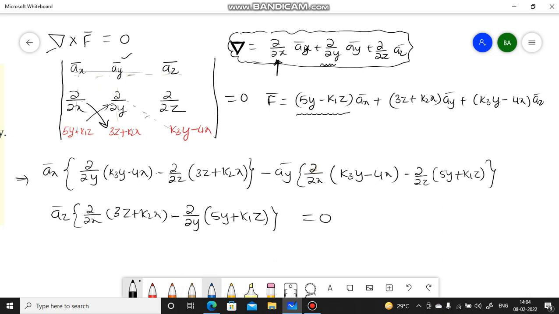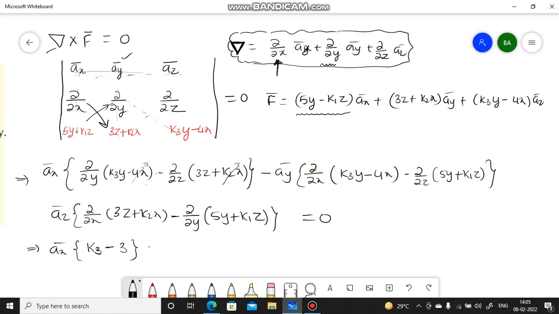For the first term, ax bar, differentiate with respect to y. x is constant, so the differentiation of k3 y with respect to y is k3. Next, k2 x has no z component, so that term is 0, and the differentiation of 3z with respect to z is 3.